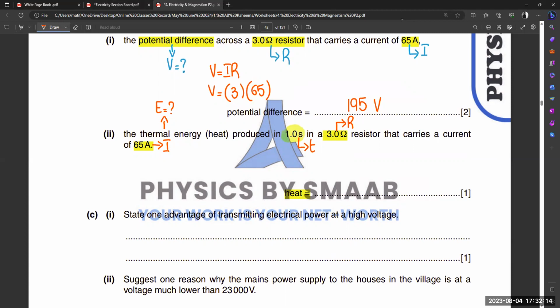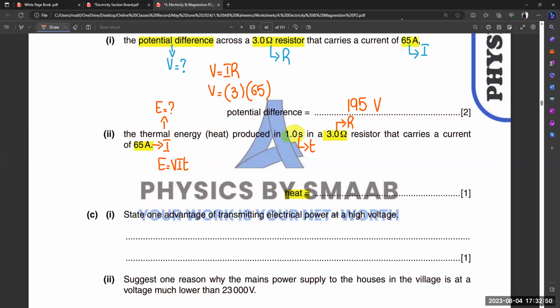If we consider the basic formula of electrical energy, we know that E is equal to VIT. But the problem is we have the values of R, T, and I. T and I are okay, but we need to replace V. So we have to find V, so we do V equals IR.